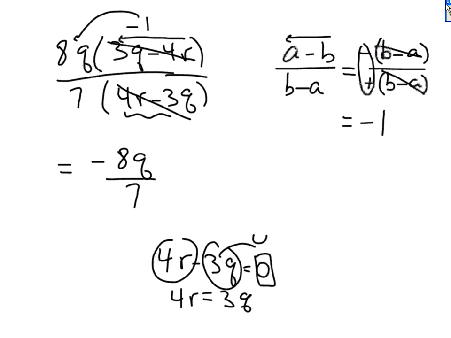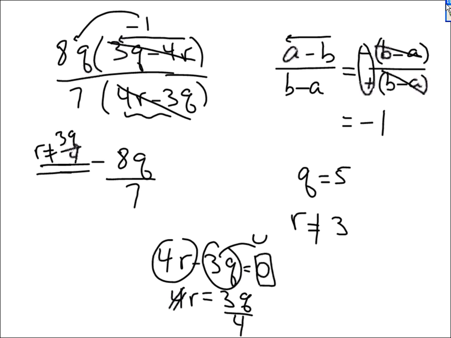Now, you can solve for R or Q. If I divide the left side by 4, I'll get R. Divide the right side by 4, I'll get that. This equal sign is only valid provided R is not 3q over 4. Okay, in other words, if q is 5, then R cannot be 3 times q over 4.